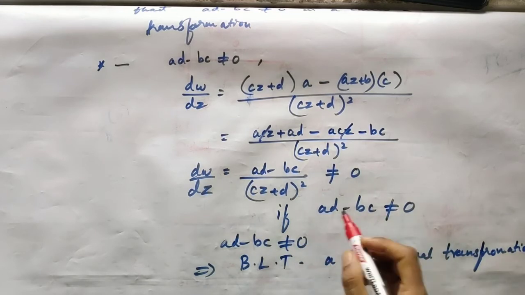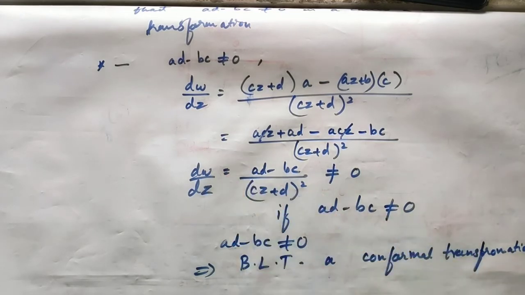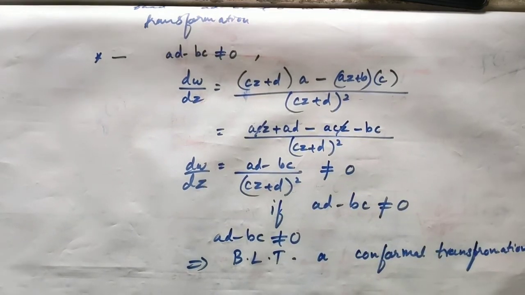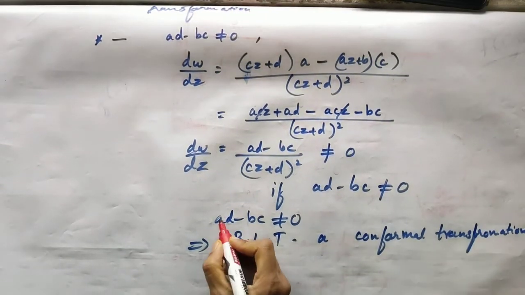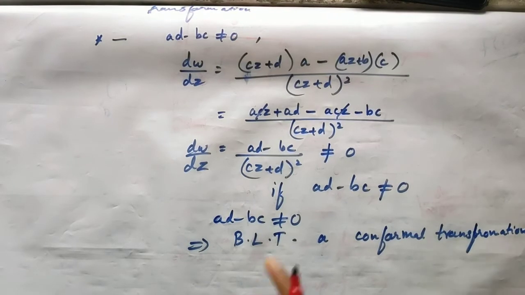If this condition is not imposed, it will not become a conformal transformation, since the derivative becomes 0. Hence the BLT becomes a conformal transformation because of this condition. I hope the point is clear to you.